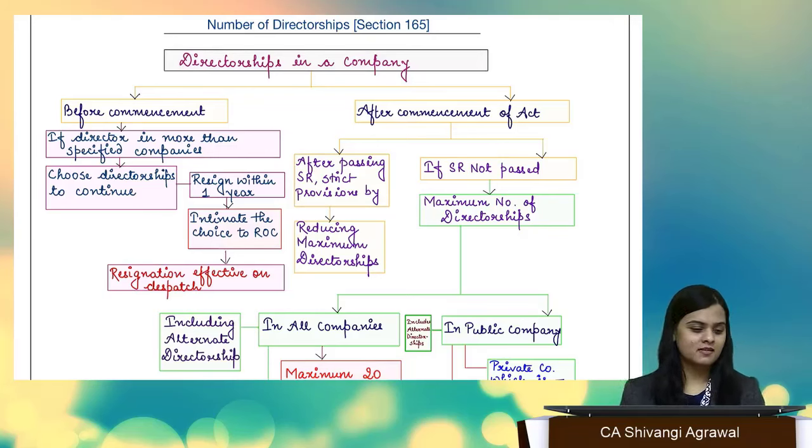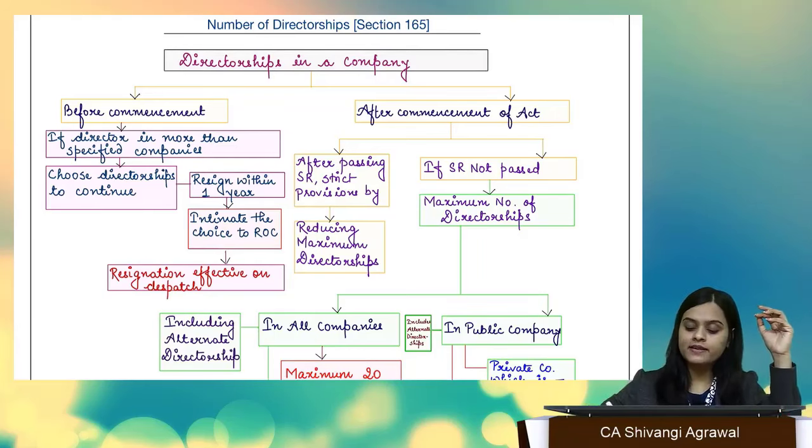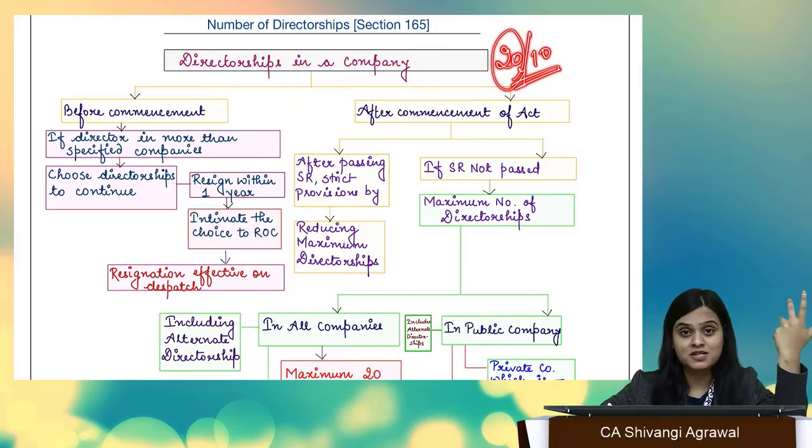Becoming a director in companies requires time, effort, energy, efficiency, everything. And the government itself has given a very generous limit of 20, out of which 10 can be public companies. If you are a director in 20 companies, you should know that you are highly efficient, like Rajnikant or something. You cannot be holding 20 directorships in active companies just like that.